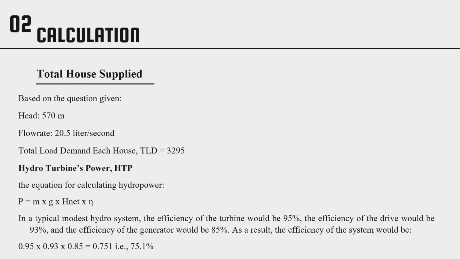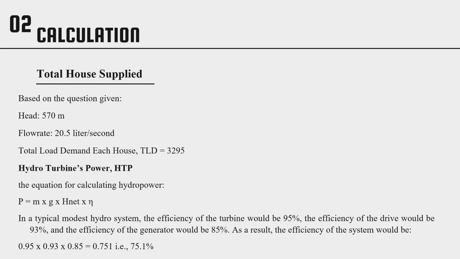Assalamualaikum warahmatullahi wabarakatuh. My name is Muhammad Adib bin Yunus, CN200161. So today I'm going to explain about the total houses. Based on the question, the gross head is 570 meters and the flow rate is 20.5 liters per second.